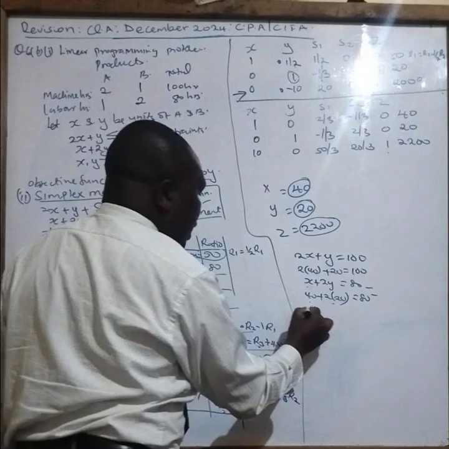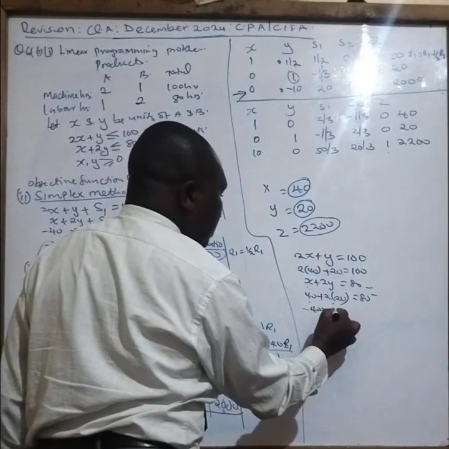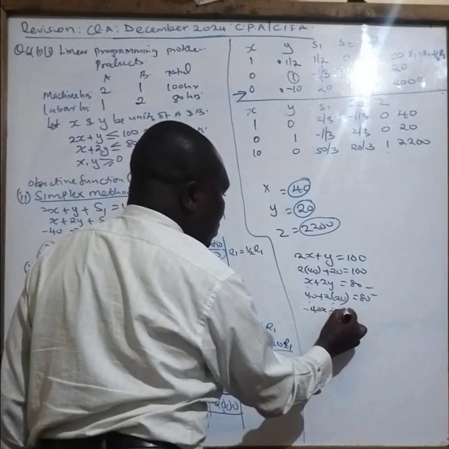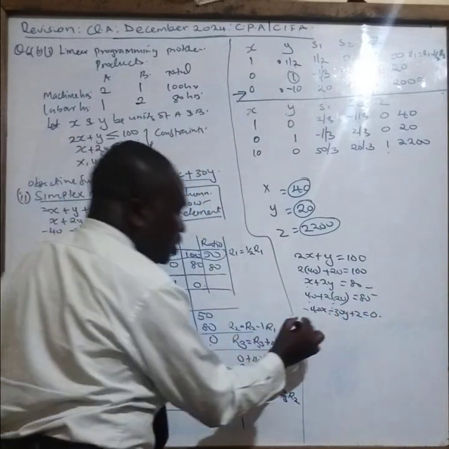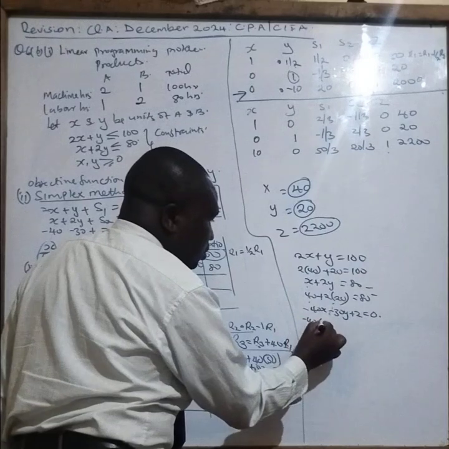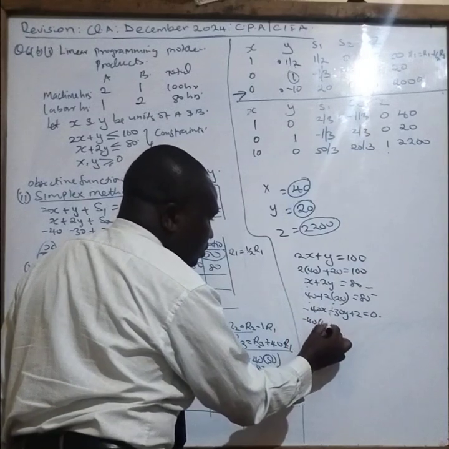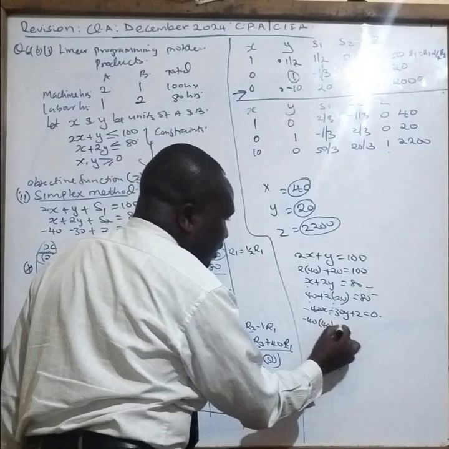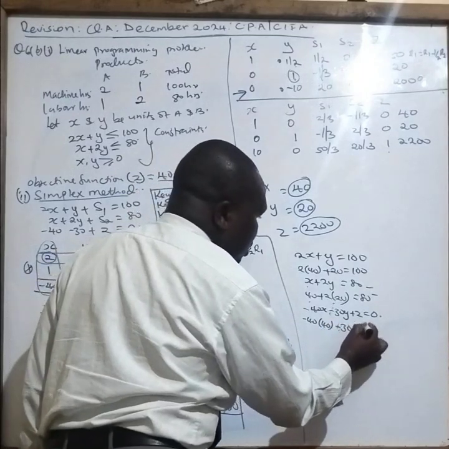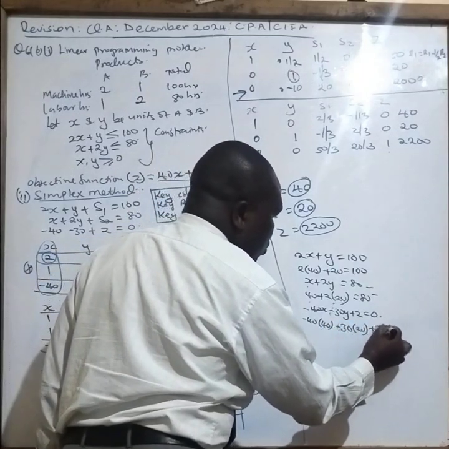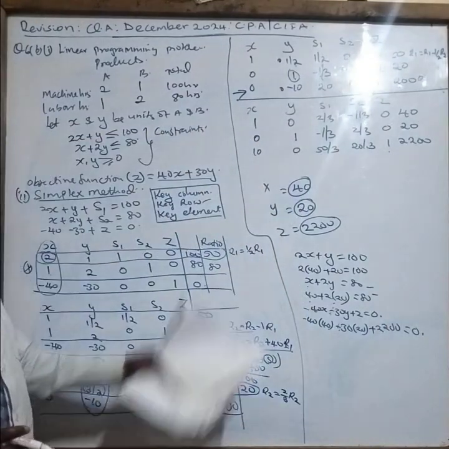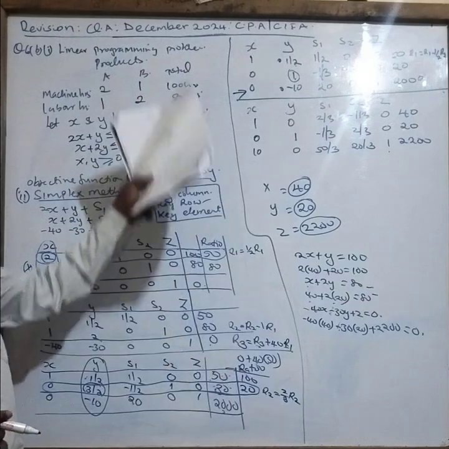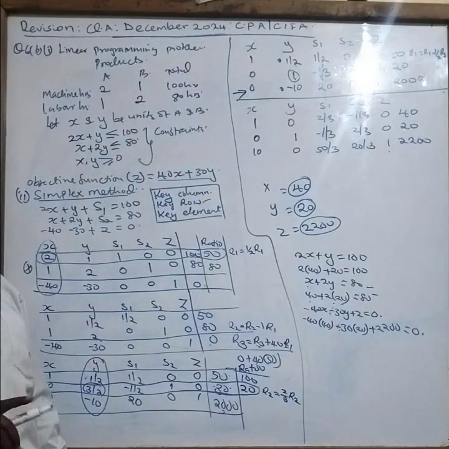So it will be negative 40x minus 30y plus z equals 0. Substitute. Negative 40 into x is 40 minus 30 into 20 plus 2200. Your answer is 0. Therefore, it means you have scooped your 12 marks without any problem.